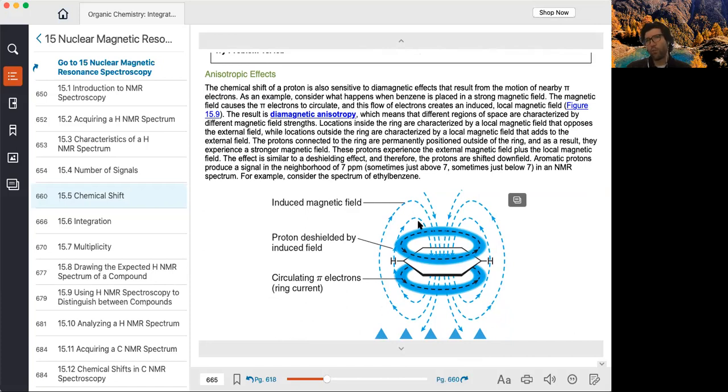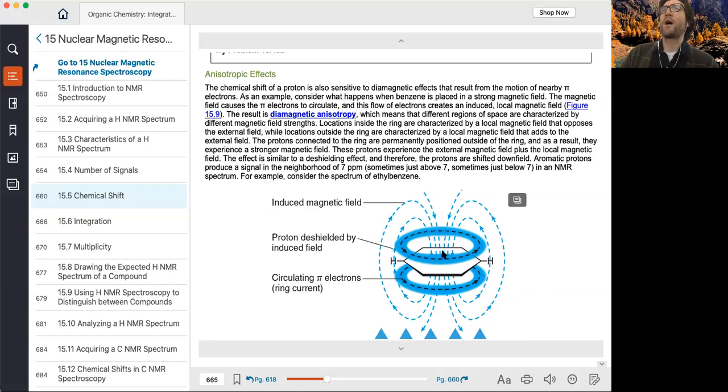You have one pi cloud in one plane and one pi cloud in the other plane. Because you have the electron density in these two clouds, a magnetic field is generated around the ring such that it goes around and then through the center of the ring.